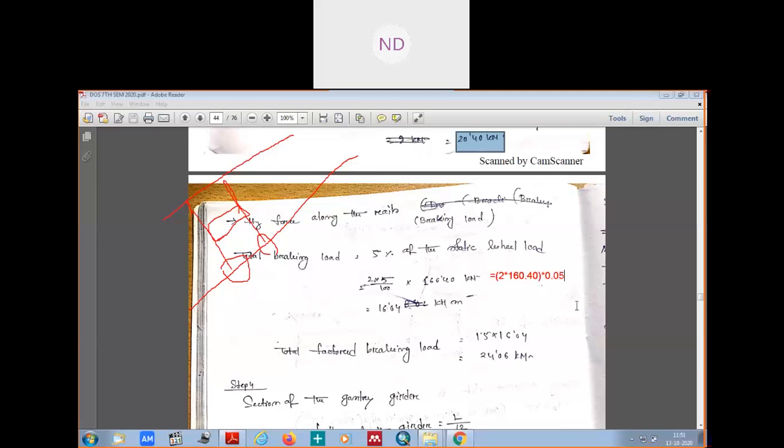That is our 5% of the static wheel load. It comes out to be 16.04 kilonewton. Therefore the factored braking load will obviously be 1.5 into 16.04, which is 24.06 kilonewton.